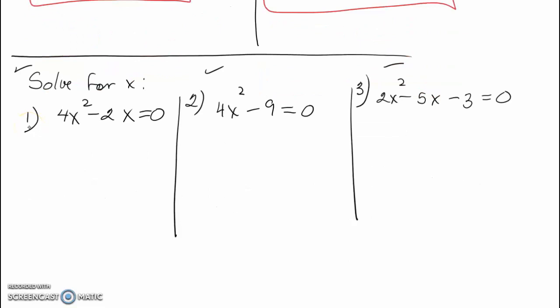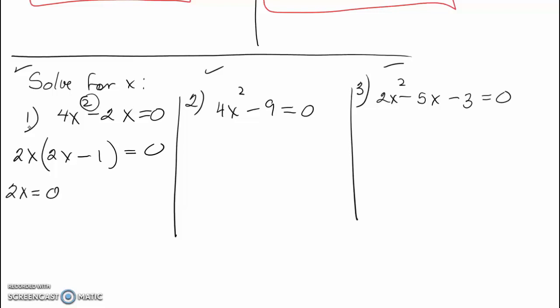Problem number 1. Since we have a square as the highest power on the left and set equal to 0, we can use the zero factor property, and I'm going to do that by factoring. I'm going to factor out the GCF, which in this case is 2x, and I'm left with 2x minus 1 equals 0. Set each factor equal to 0.